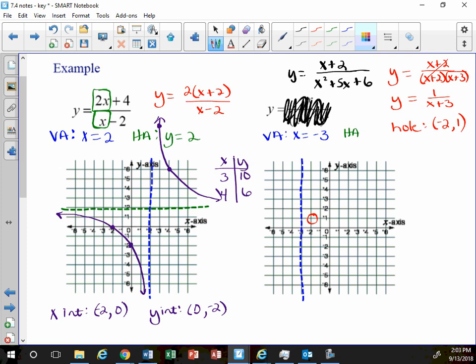That's the top heavy, bottom heavy, or equal. What do you think this one is? Bottom heavy. And you can get that from the original. You can get that from your reduced. It doesn't matter. Either way, it's going to be the same type of horizontal asymptote. So when it's bottom heavy, what was our asymptote? Okay, y equals 0. Make sure you write those as an equation.